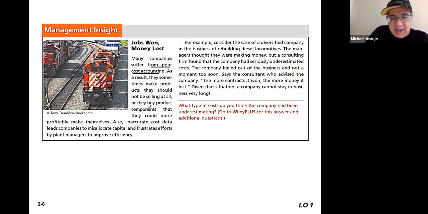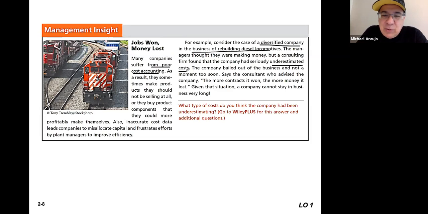This is basically what happened to a large company that was in the business of rebuilding diesel locomotives. They thought they were making money until they hired a specialty consulting and accounting firm that came in and said, look, you are underestimating what it costs to rebuild these locomotives, and you're actually losing money on every locomotive you sell.